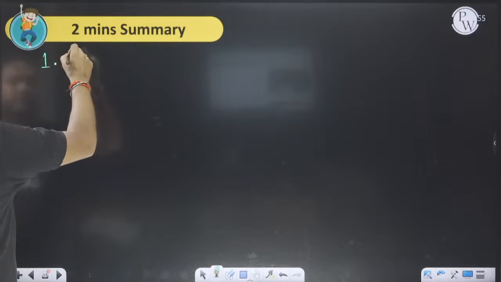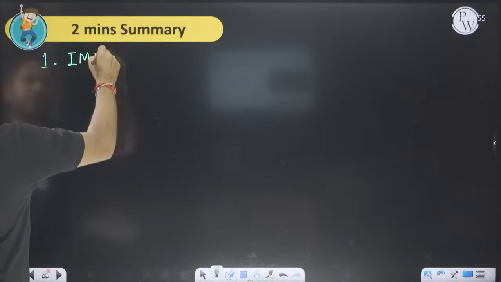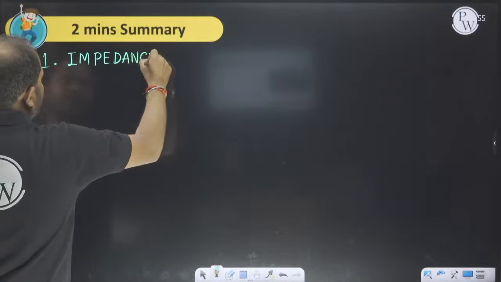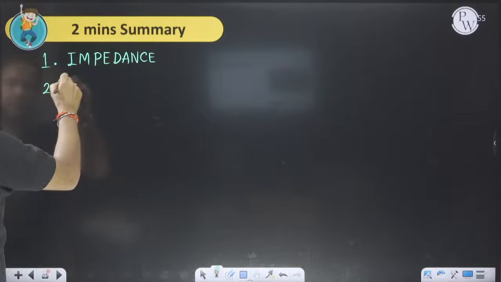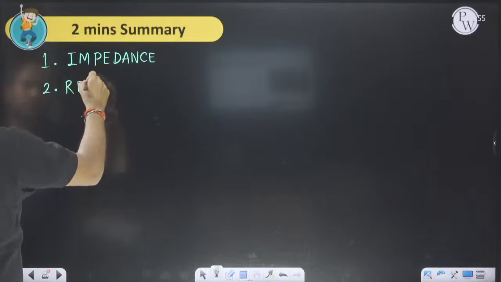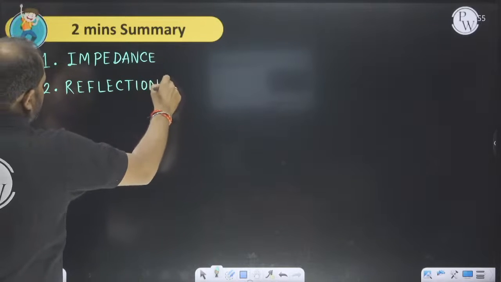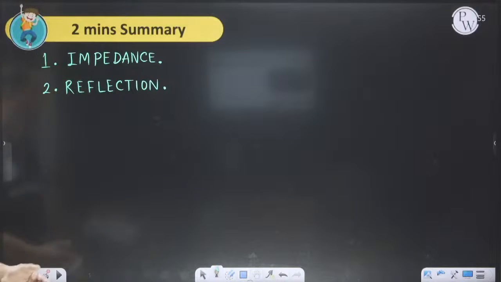So what have we studied? We have studied impedance, and second, we have studied the reflection coefficient. Tomorrow we will discuss 10 to 12 questions regarding reflection coefficient, impedance, and many other things.